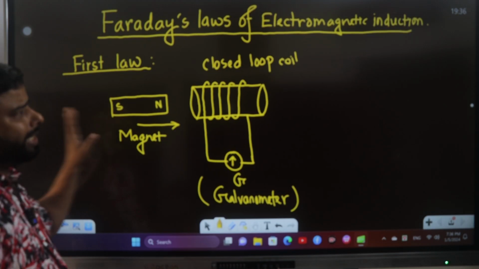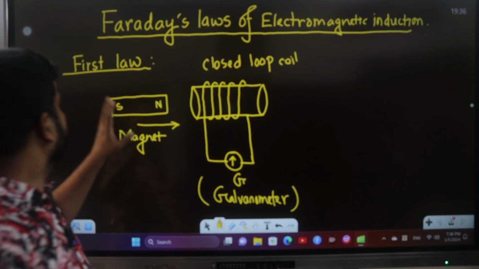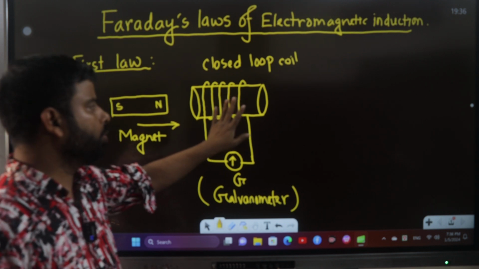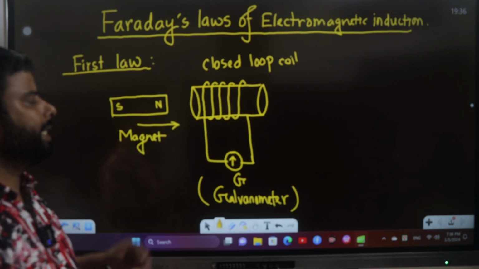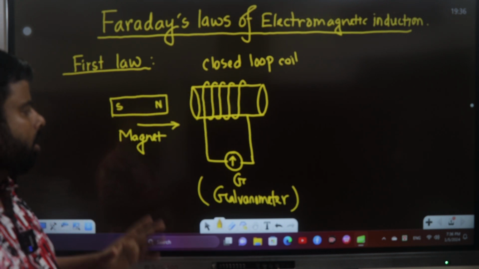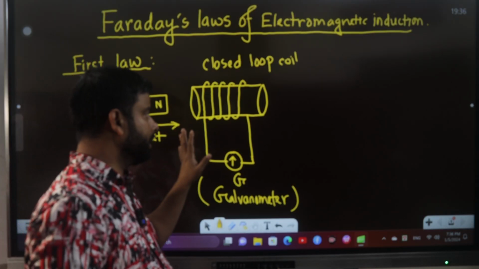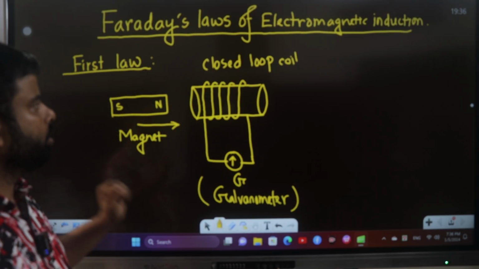So when there is a relative motion between magnet and closed loop coil, an induced EMF or voltage or current is produced in the closed loop circuit.